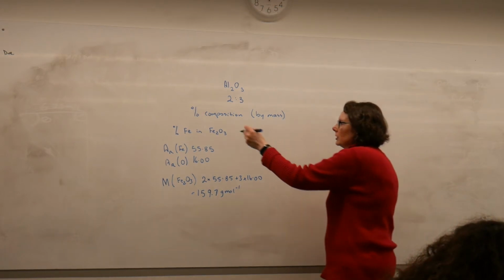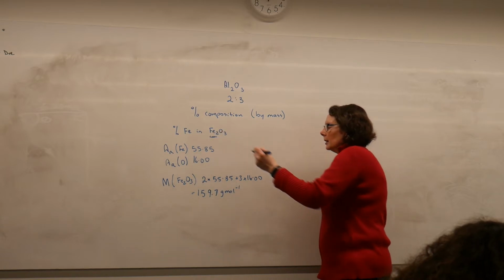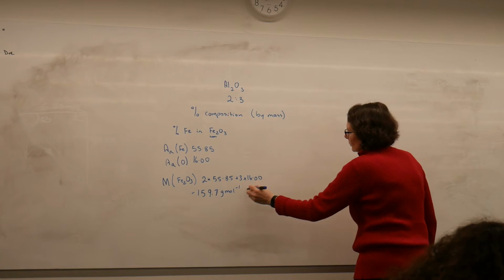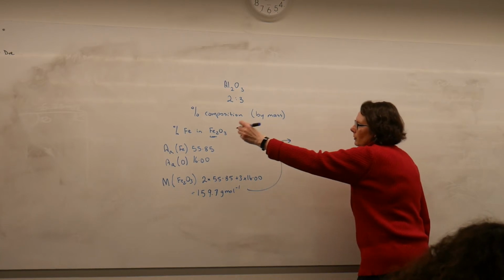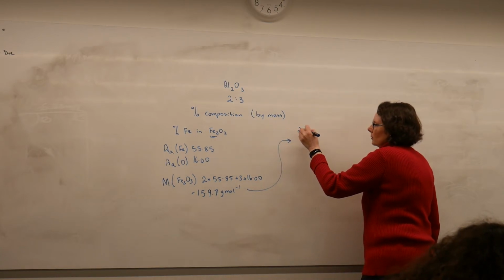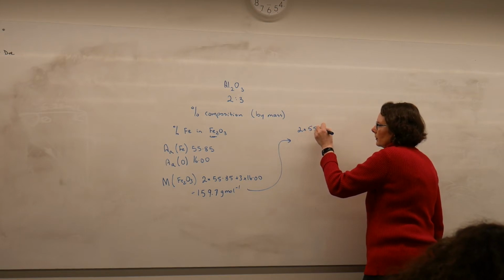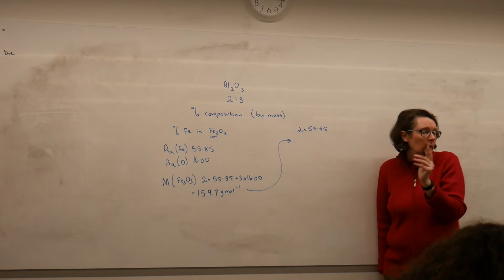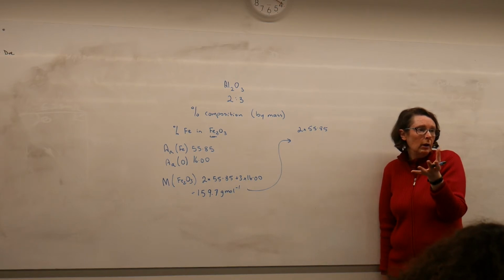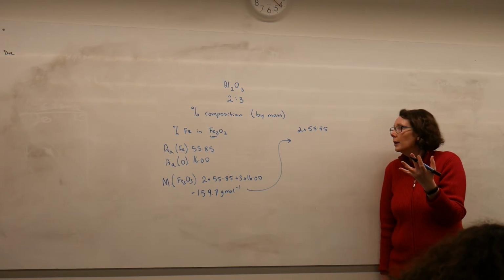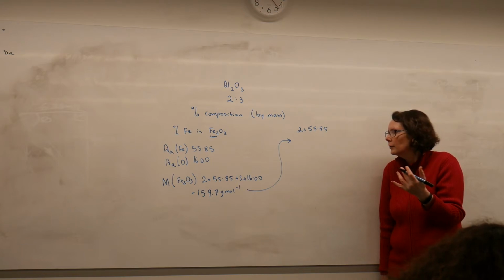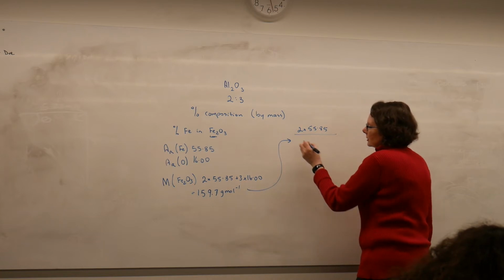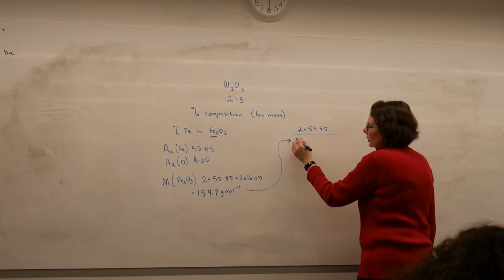So we're interested in the iron part though, in the iron oxide. And so we want to find this, which will be 2 times 55.85, because if I have 1 mole of iron oxide, I'll have 2 moles of iron atoms, divided by this, the total.